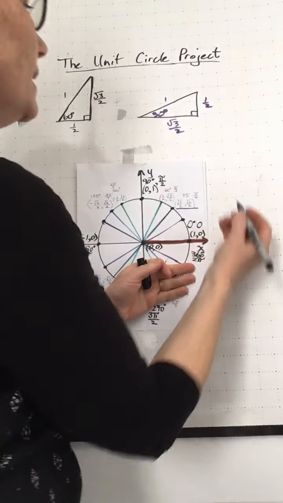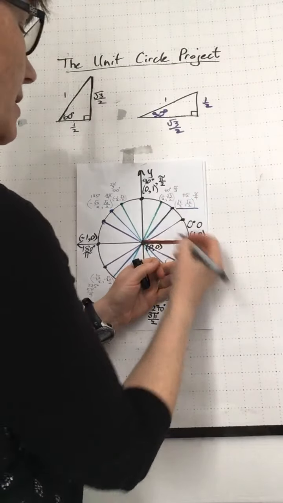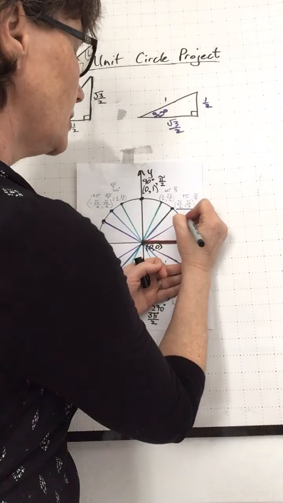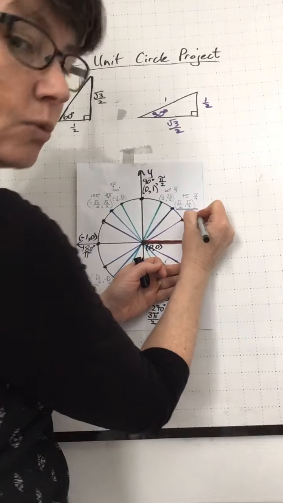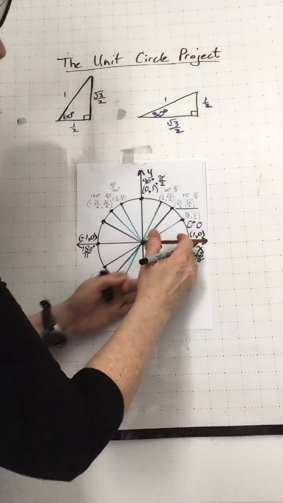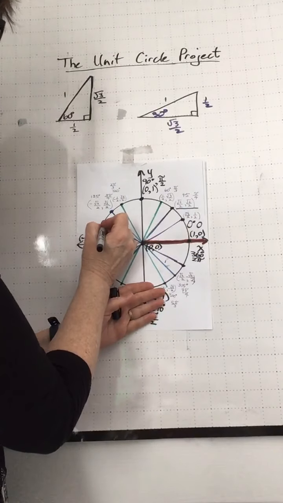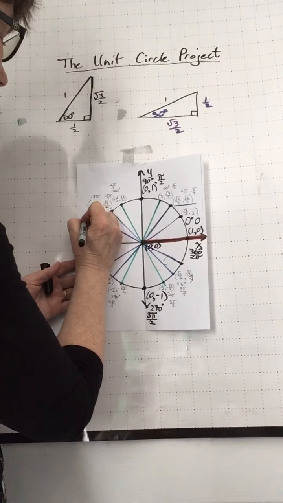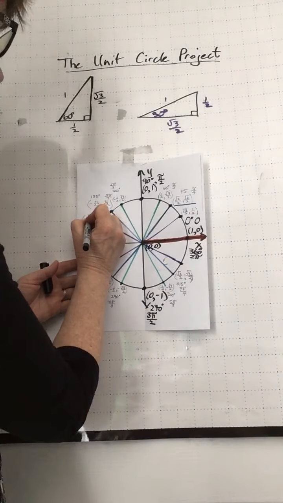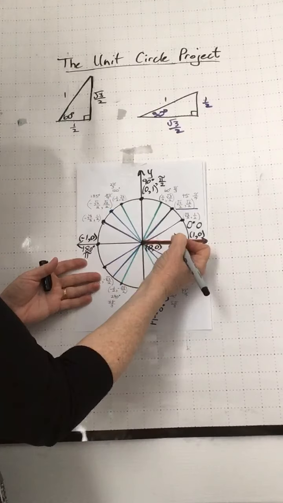All right, so first triangle right there, the x direction, √3/2, y direction, 1/2. Symmetrical across the y-axis, x direction, same length, but in the negative direction, so negative √3/2, and the y height is exactly the same over here, 1/2.